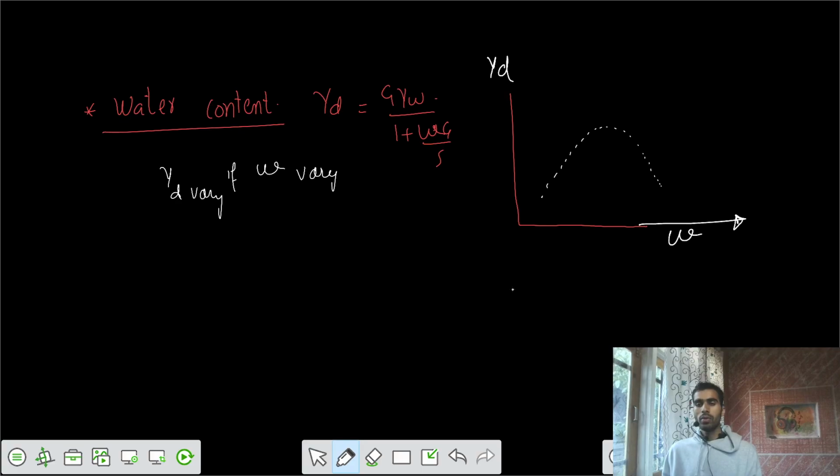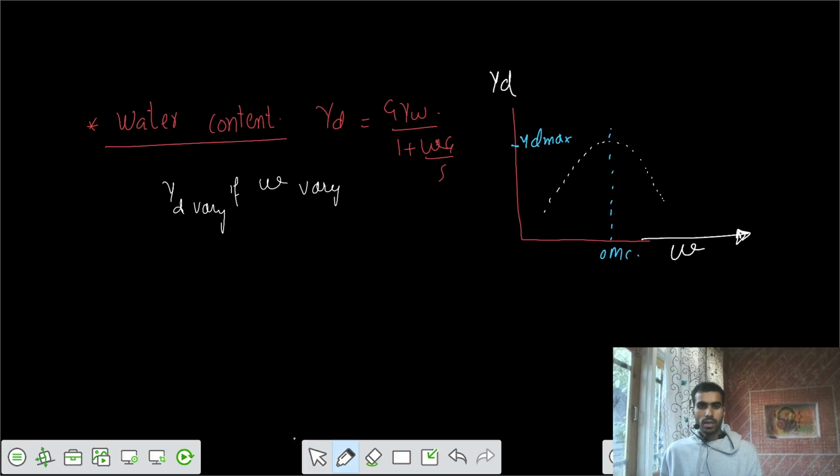Now we want to explain how this is actually happening. This point is the optimum moisture content. At that point we have some gamma d max. Now if the water content is less, what's happening at lesser water content?